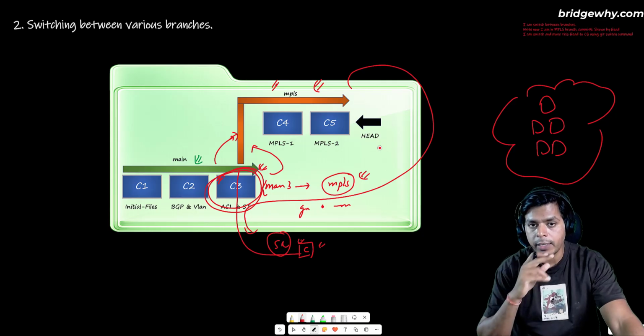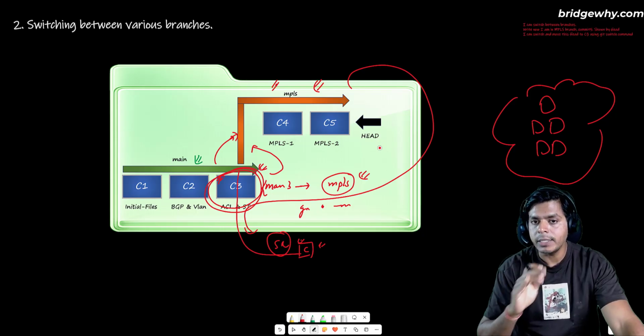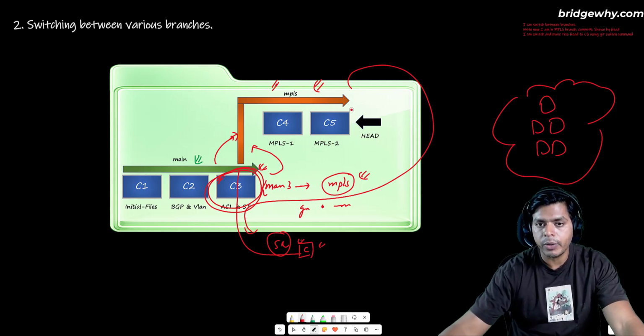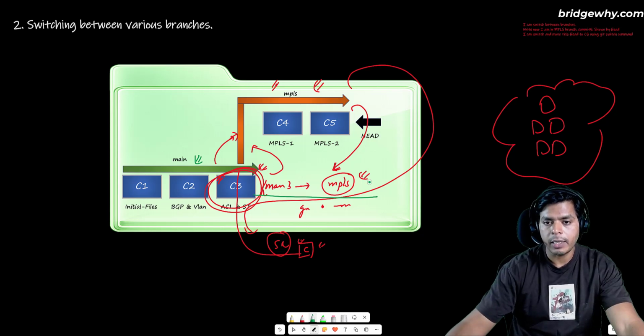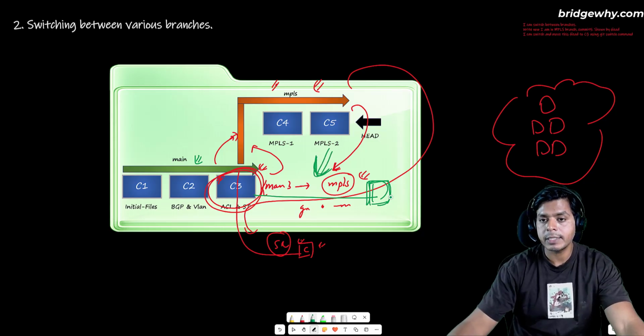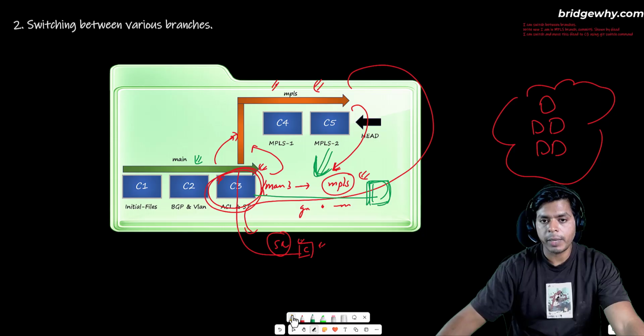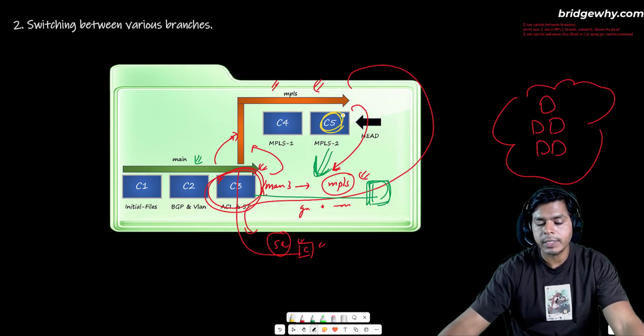And that is why you have created this MPLS branch. Now, there is no point if you can't get your MPLS configuration back to the main. There must be something through which you can say now the MPLS configuration is in main branch. See, C5 configuration was still incomplete because there were 50 lines of code still remaining.